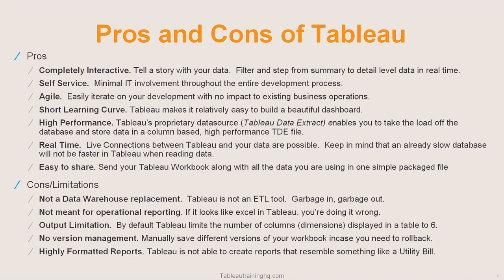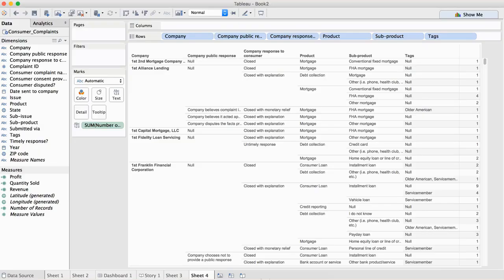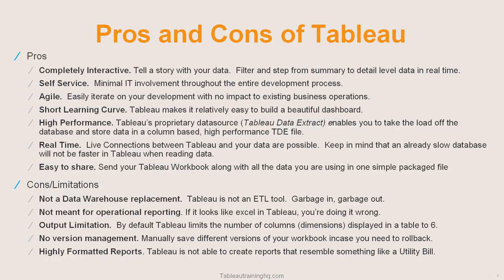Tableau is also not meant for operational reporting. A good rule of thumb is if your Tableau report looks very similar to Excel, you're probably not using the tool properly. Tableau also has an output limitation based on the number of dimensions or columns that can be displayed.